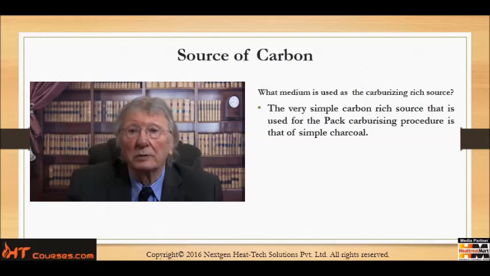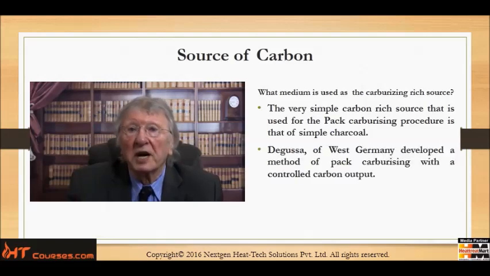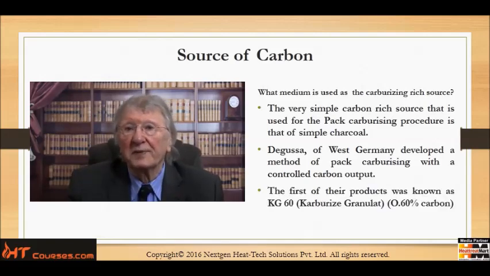The very simple rich carbon source that is used for the pack carburizing procedure is simple charcoal. Degussa of West Germany developed a method of pack carburizing with a controlled carbon output. The first of these products was known as KG60, which means carburized granulate, which gives a 0.6% carbon potential.